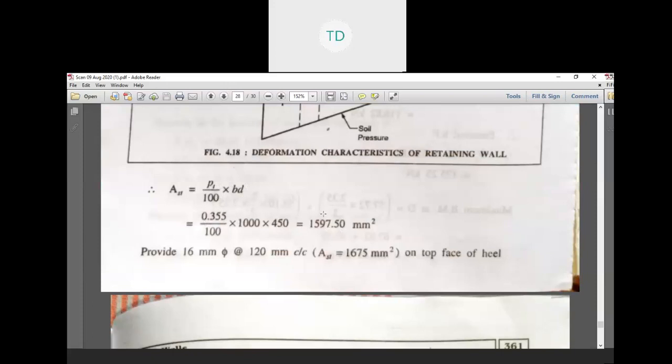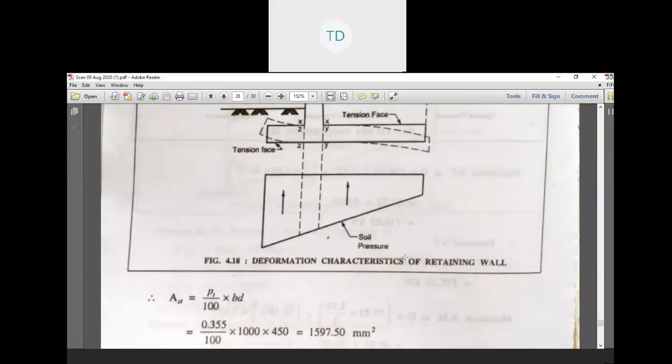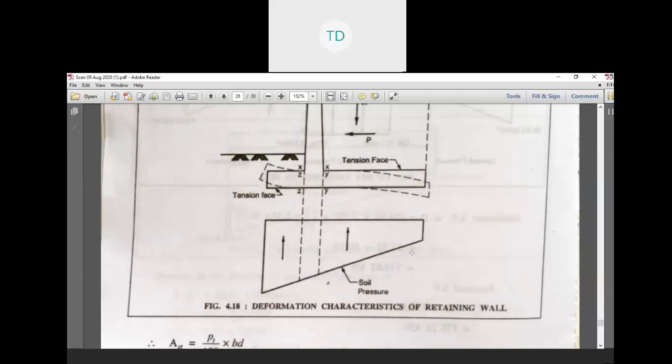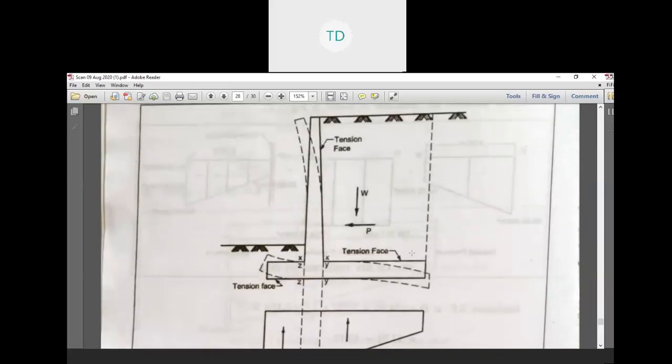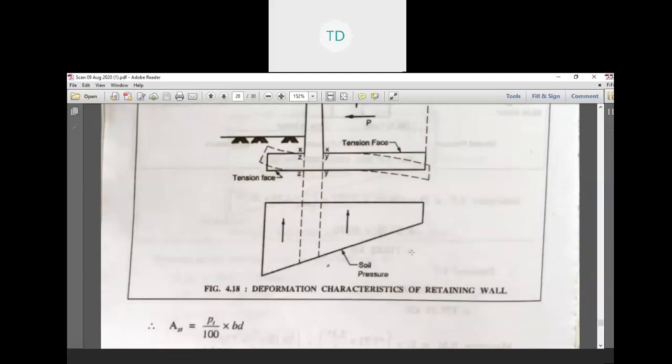So the criterion is suitable for 16 mm diameter bars at 120 mm center to center, and for 16 mm diameter we get the area of steel provided as 1675 mm square on the top face of the heel. And this is the deformation characteristic of the retaining wall, how the retaining wall behaves at the deformation stage.